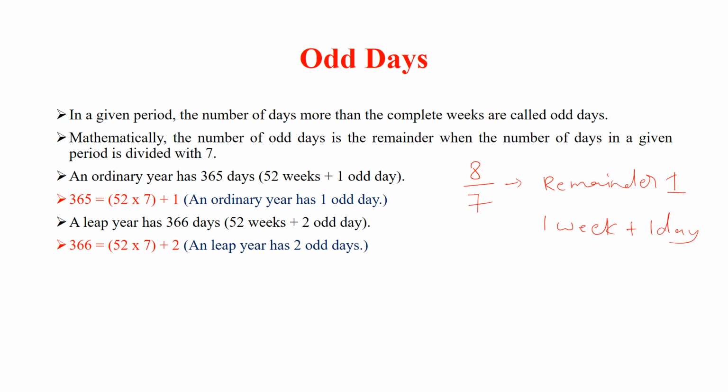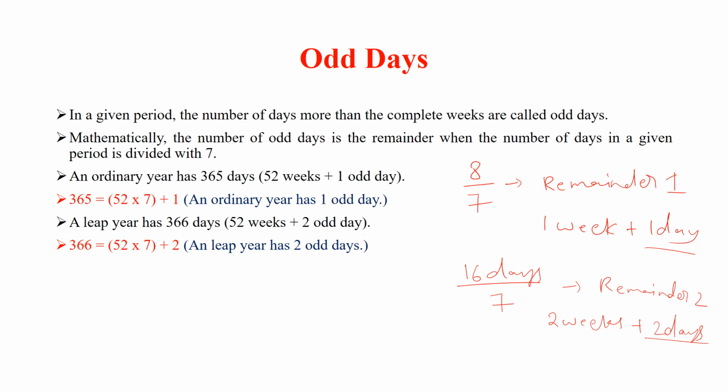So, in a period of 8 days, you have 1 odd day. Similarly, if you have 16 days, you divide this by 7, you will get remainder 2. It means you will have 2 weeks plus 2 days. So the number of odd days is 2 here. Or else I can say in a period of 16 days we have 2 odd days.